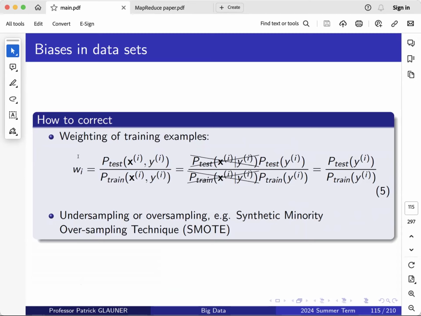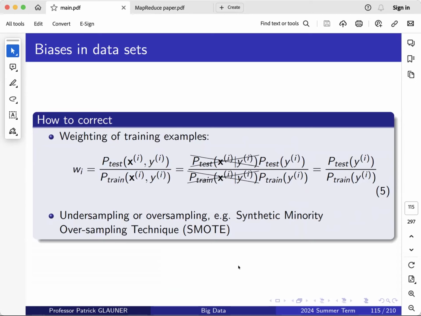I could use the weight, for example, for undersampling or oversampling in my training set. Undersampling would mean I remove the examples of which I have too many of the one set. Oversampling would be, in the simplest case, just copying examples of the underrepresented class.